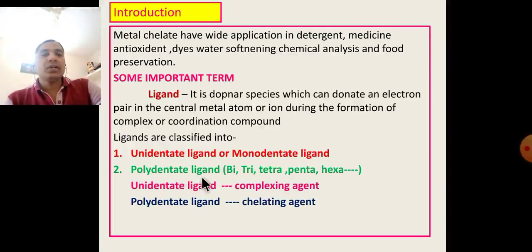In polydentate ligands, the second type, bi, tri, tetra, penta, hexa, the ligand contains 2, 3, 4 donor atoms. Mostly unidentate ligands form only complexing agents, but polydentate ligands form chelating agents, that is ring formation compounds, heterocyclic ring formation compounds.